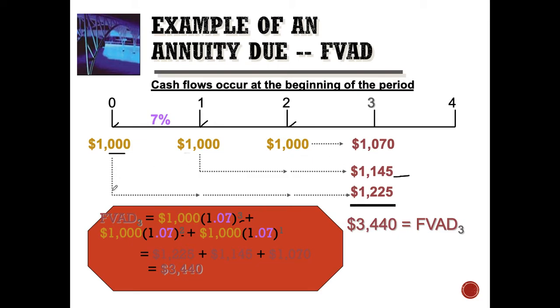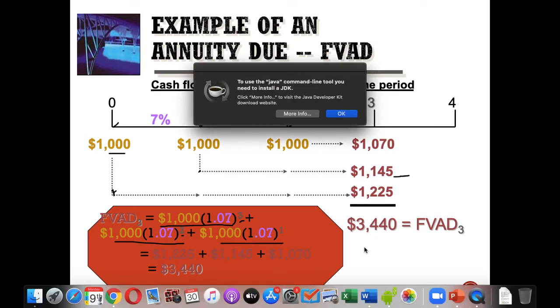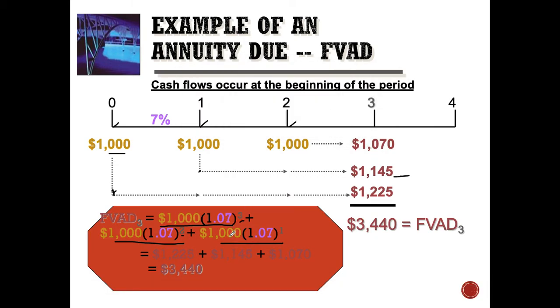This one is year 1, this one is year 2, this one is year 3. And the total for future value annuity due is $3,440.